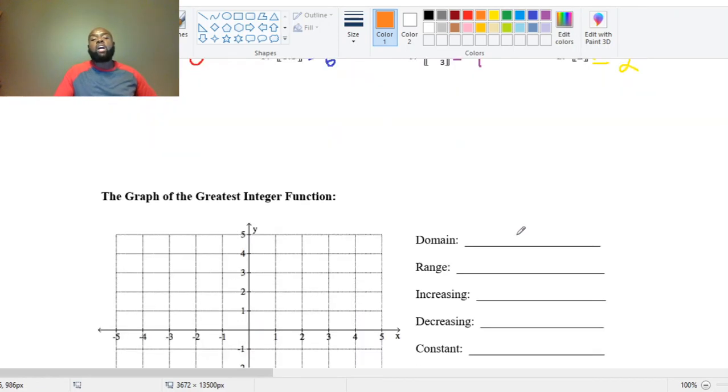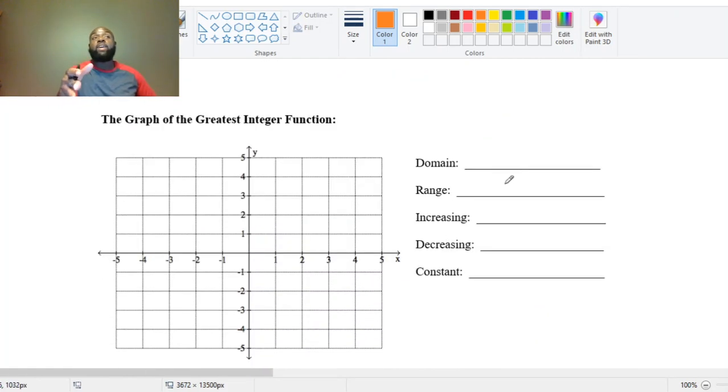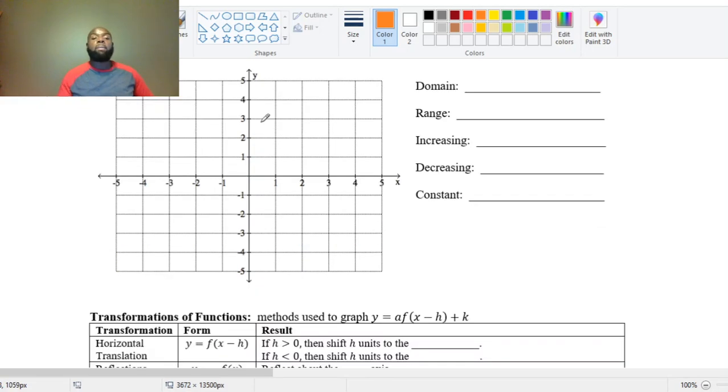All right, and so let's talk about the graph of this function, right? Now we have some x coordinates and y coordinates, because when we input a value, we can always find the largest integer that's less than or equal to that value. For instance, any number between 0 and 1, so my x-axis is here, 0 is here.